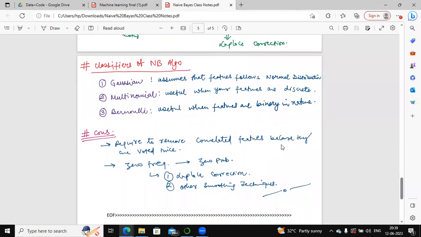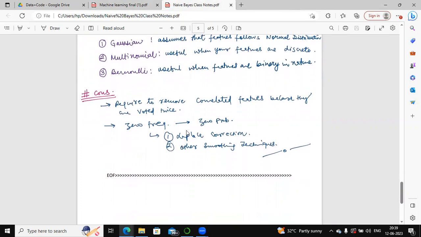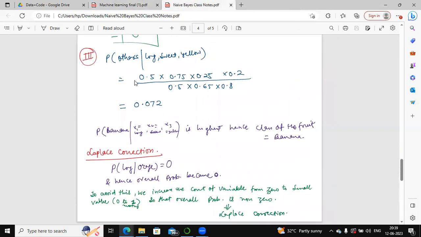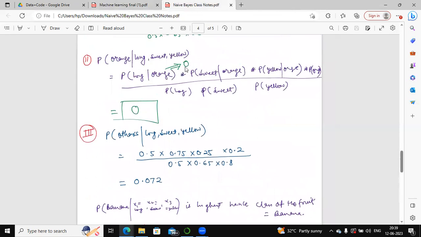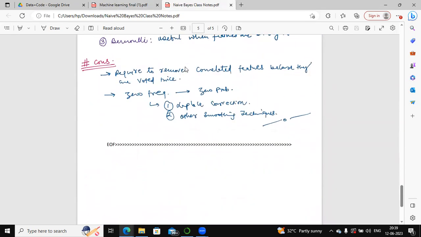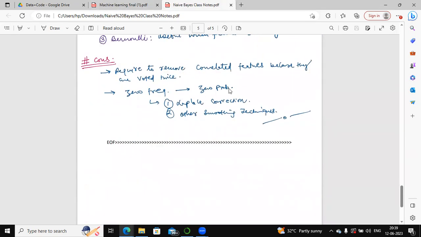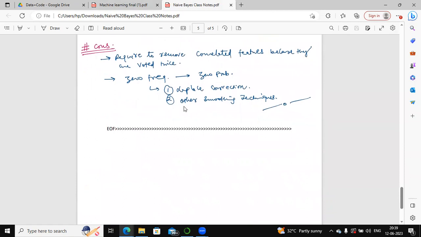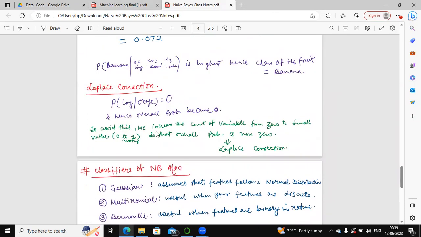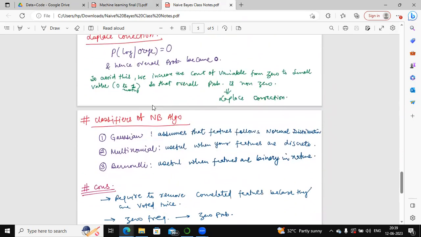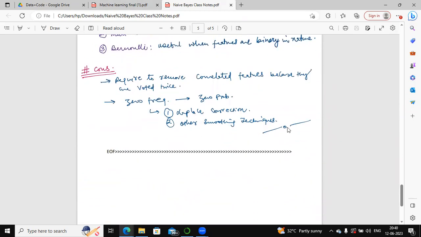So it is required to remove correlated features. Then zero frequency, as I already told: if one of the values tends to zero, then the whole probability becomes zero. So that is zero frequency or zero probability. We can deal with this using Laplace correction, where we increase the count from zero to a small value like one, or we can use other smoothing techniques.